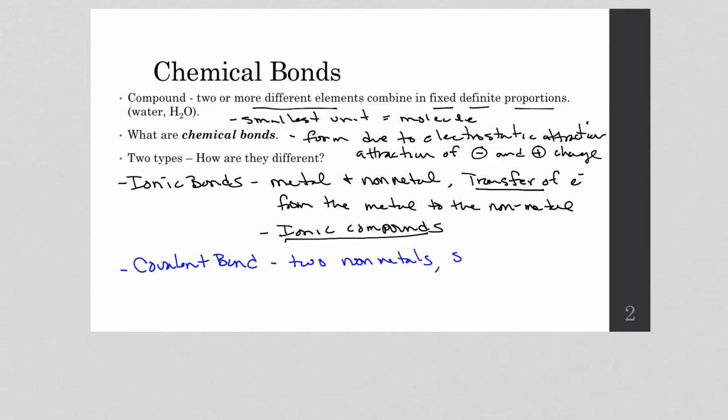It involves, instead of the transfer, the sharing of electrons. More specifically, all of the bonds that we're going to talk about involve the sharing of two electrons. They're going to be what we call 2-electron bonds.